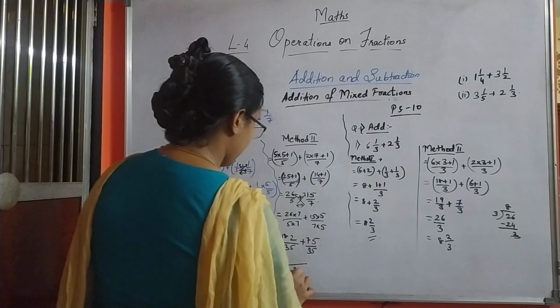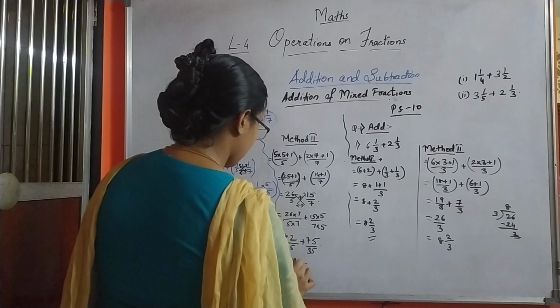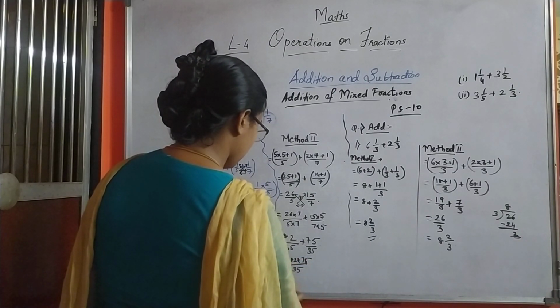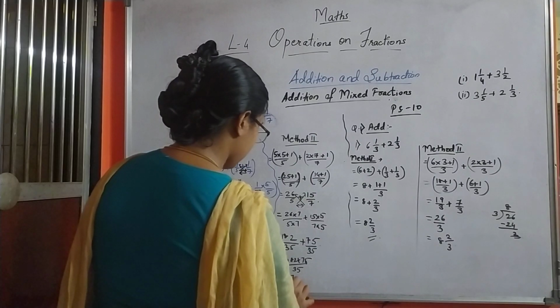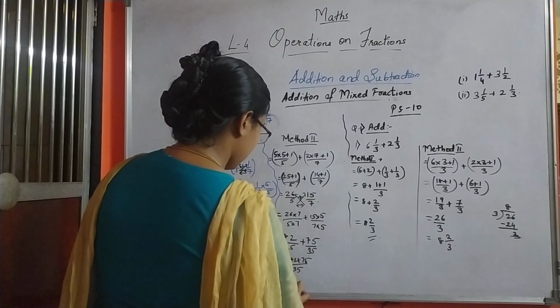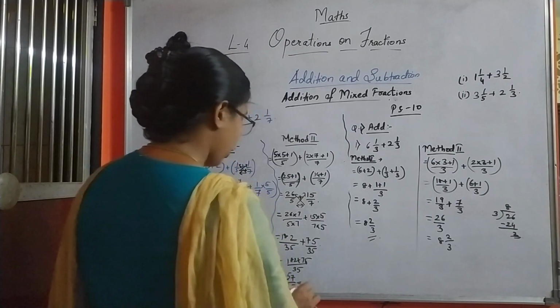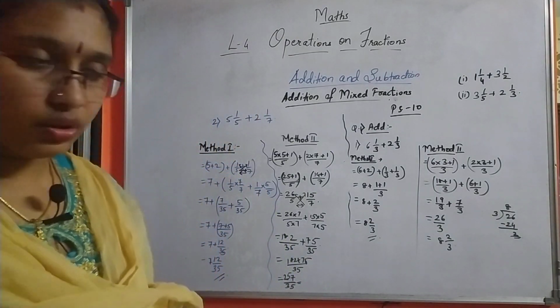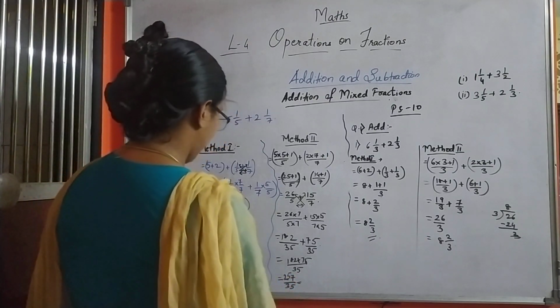Now common denominators. What is the answer? Now what you will do? You will have to divide 257 by 35.